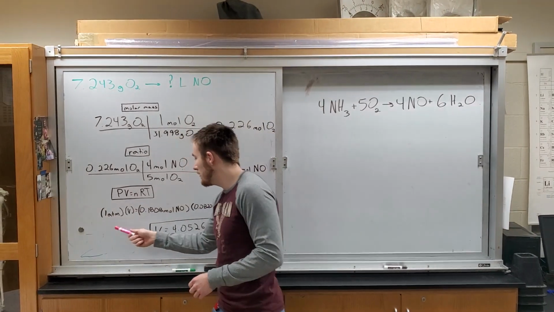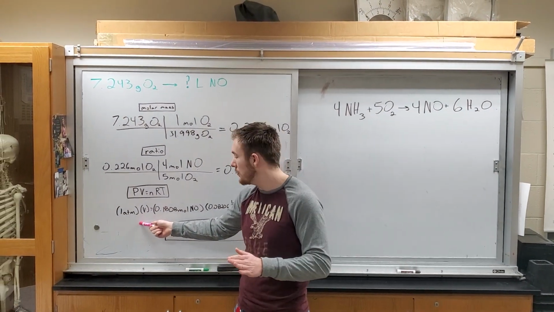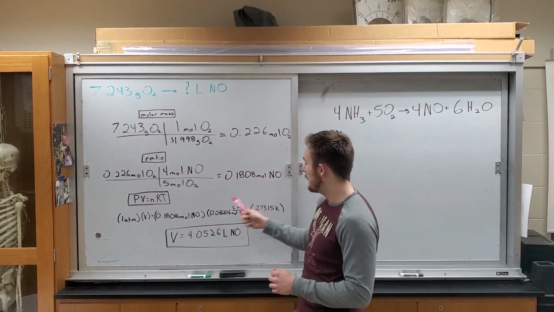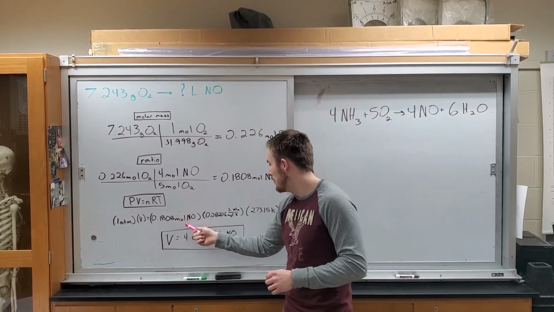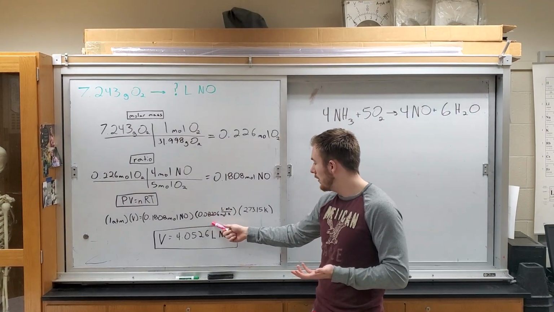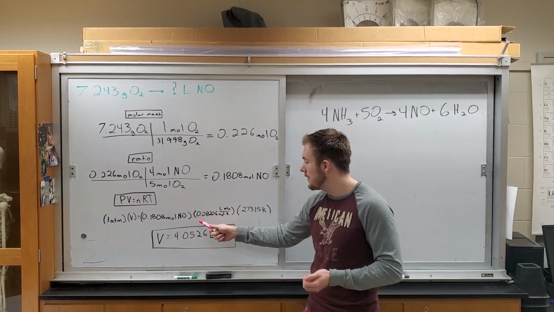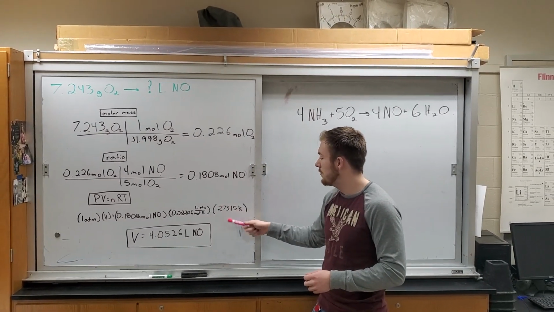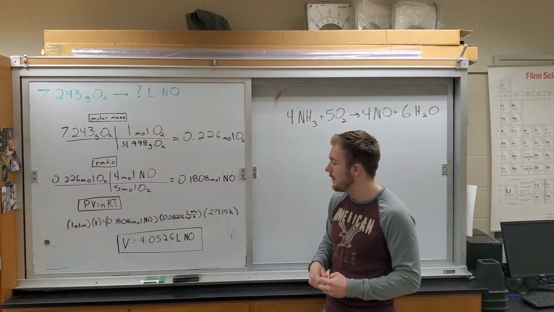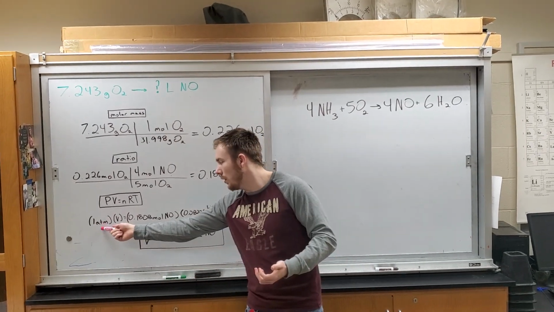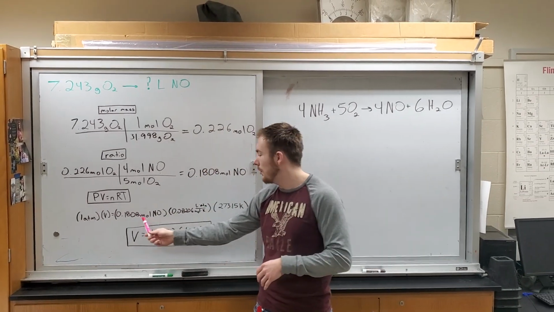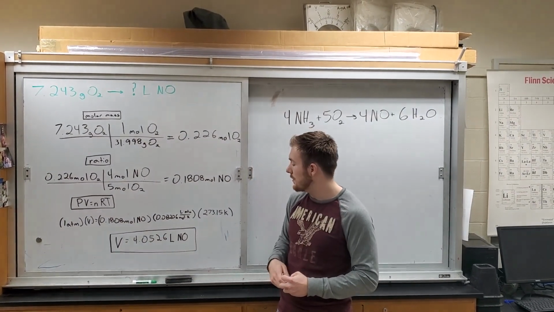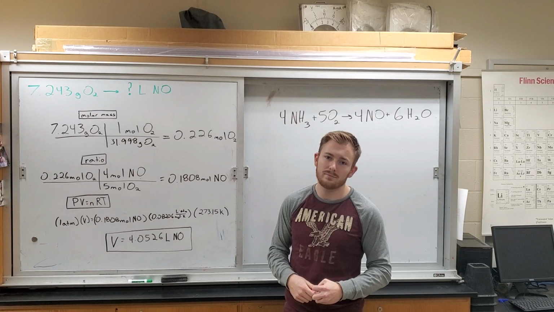So 1 atmosphere times V, that's what we're solving for, volume, is equal to the moles we just solved for, 0.1808 moles of NO, times our R, which is a constant, always going to be 0.08206, times our standard temperature, which is 273.15. And this works out really nicely. Since this is a 1, we can ignore that and just multiply these three numbers and get 4.0526 liters of nitrogen monoxide.